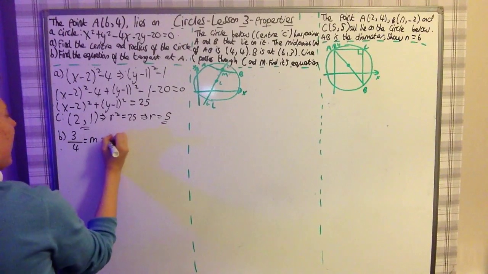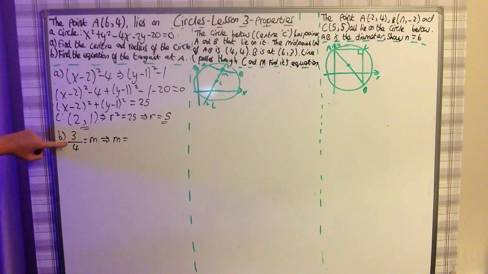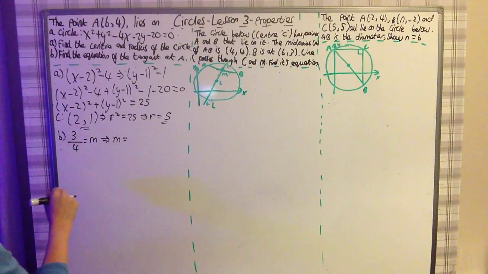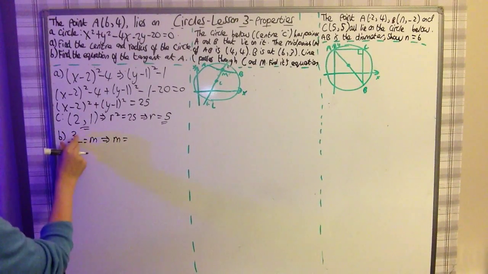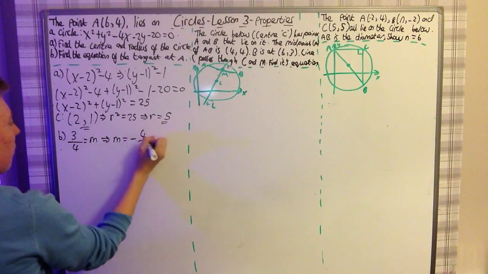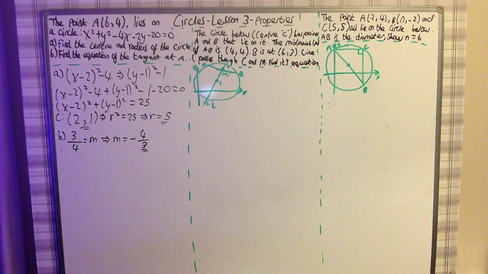So the gradient of the tangent is going to be the negative reciprocal of this, because it's at right angles to that line we've just found. So we simply flip the fraction over and we change the sign. This is a positive, so it becomes a negative, and the 3 divided by 4 becomes 4 divided by 3. And this is our new gradient.